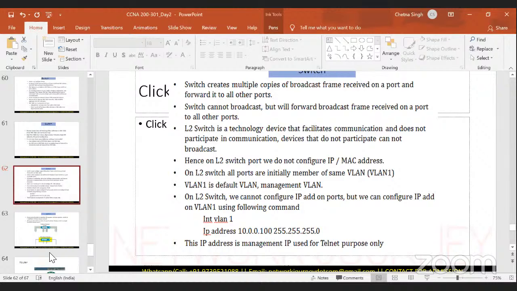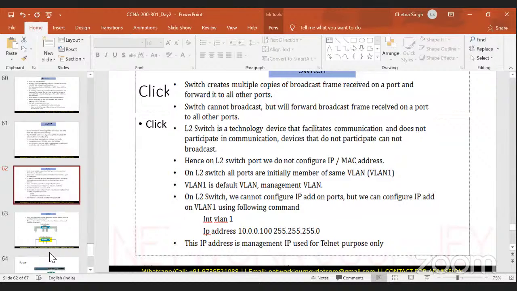It will just drop the frame or packet. If anything comes as a broadcast packet, it will just drop the packet. It will not forward that packet to any other network. This is very, very important, guys, to understand about broadcast and collision, which I will be talking about next.